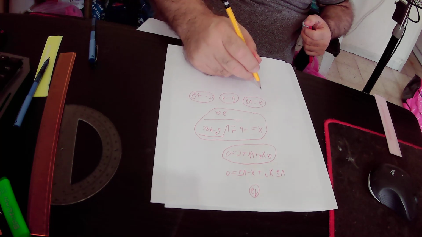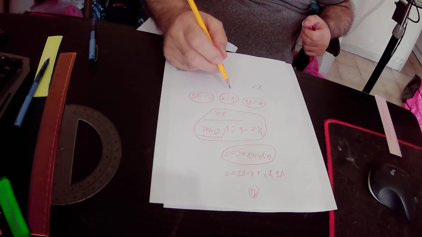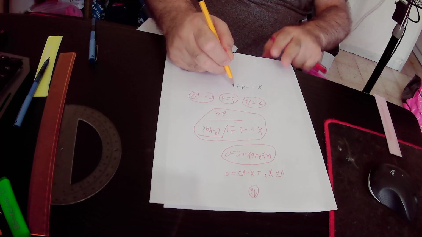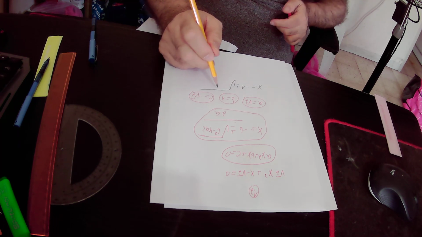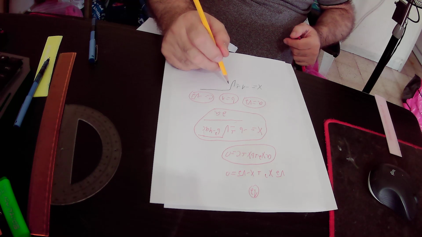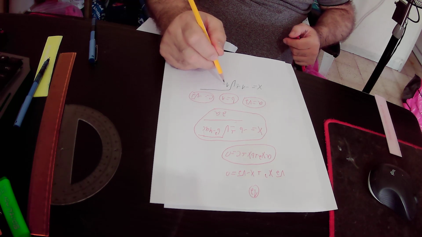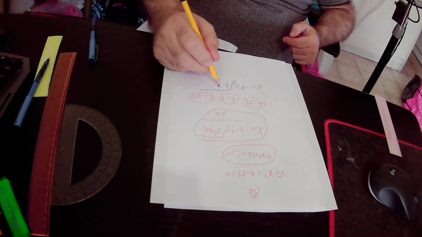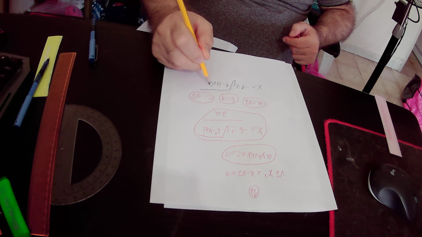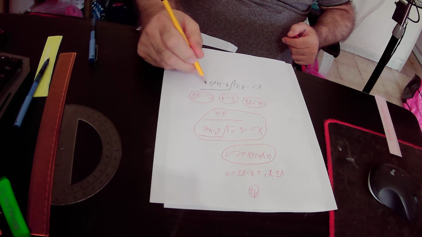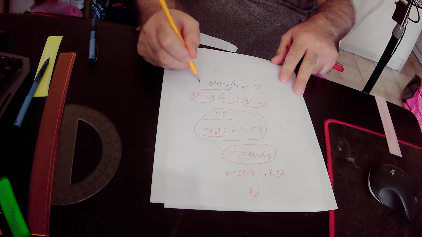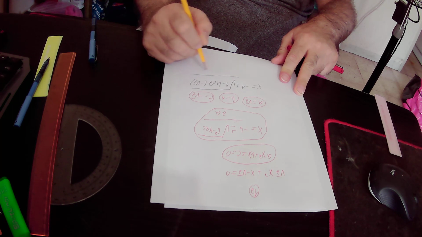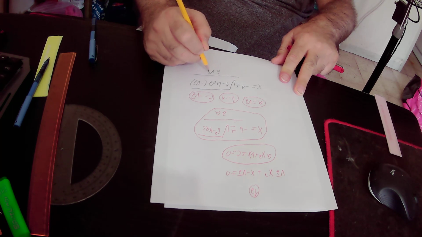So x will be equal to minus b. B is 1, so minus b is minus 1, plus minus root of b square. B is 1, so b square is 1 square. 1 square is 1, minus 4 times a. 4 times a is 4 times root 2, minus 4 times root 2 times minus root 2, all divided by 2 times a, which is 2 times root 2.